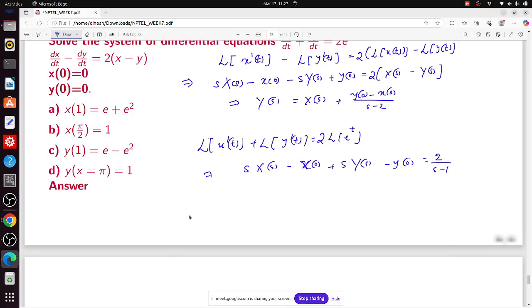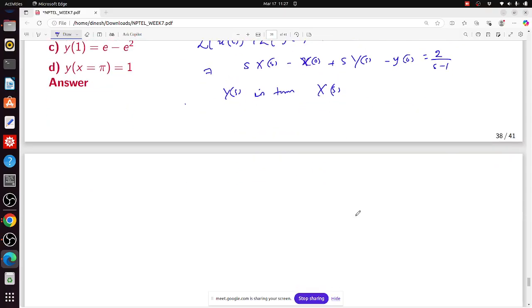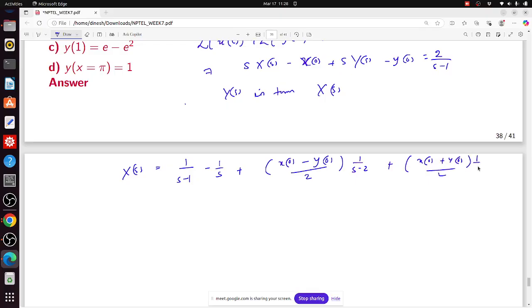On substituting the expression for Y(s) in terms of X(s) and after the rearrangement we will get X(s) is equal to 1 by (s minus 1) minus 1 by s plus (x(0) minus y(0))/2 times 1 by (s minus 2) plus (x(0) plus y(0))/2 times 1 by s.